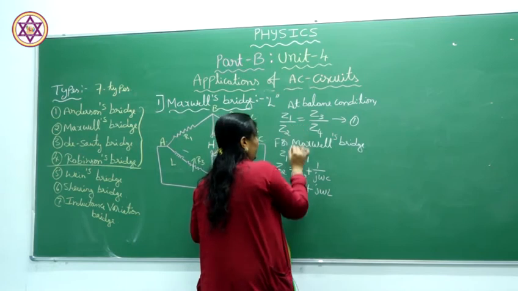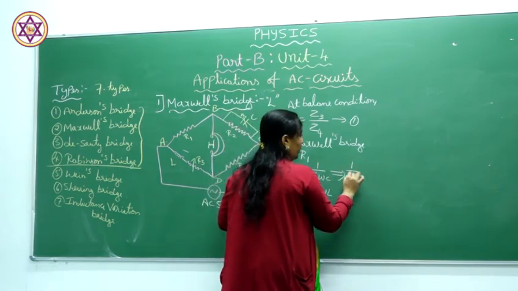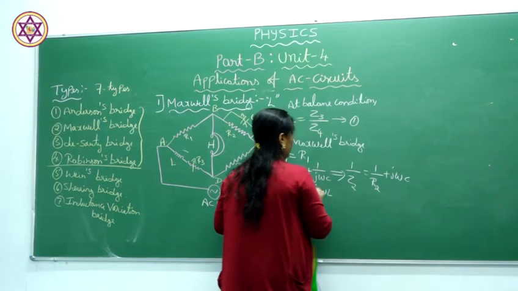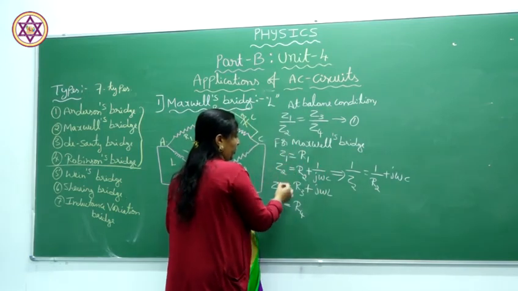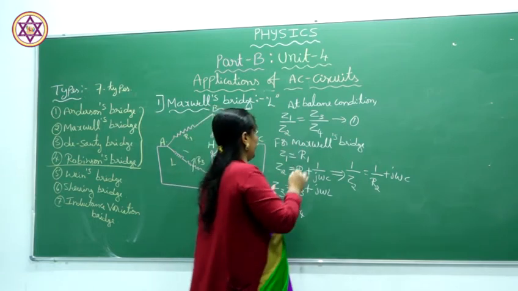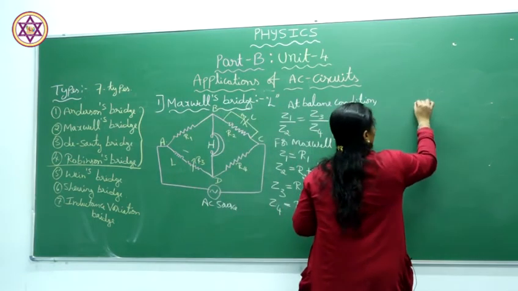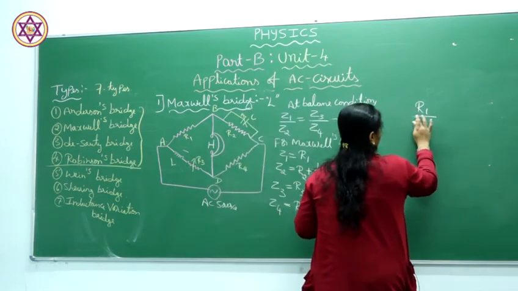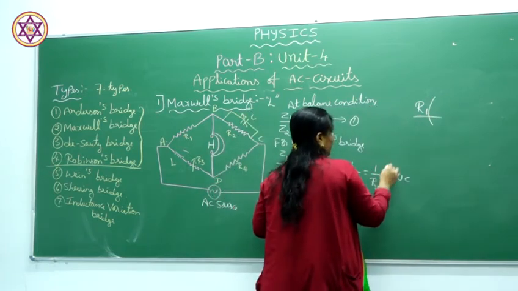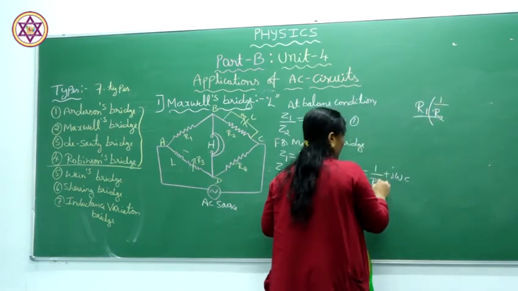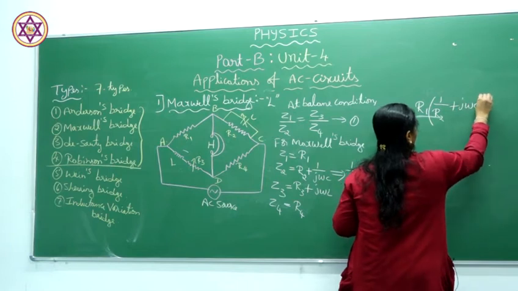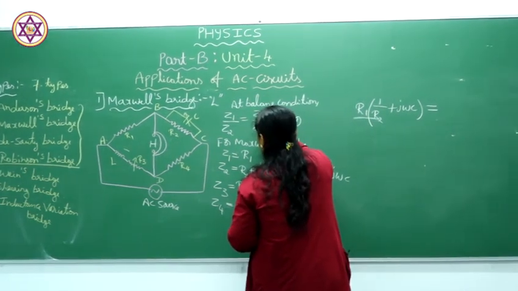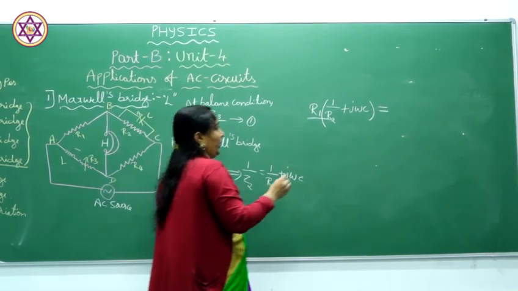So 1 by Z2 equals 1 by R2 plus j omega C. Z1 by Z2 is R1 times (1 by R2 plus j omega C), which should be equal to Z3 by Z4, where Z3 is R3 plus j omega L.